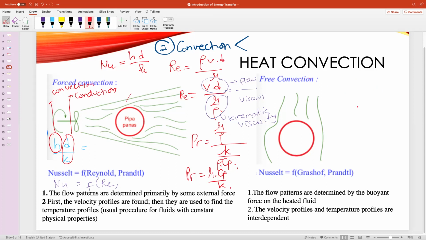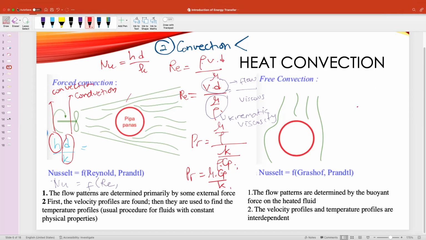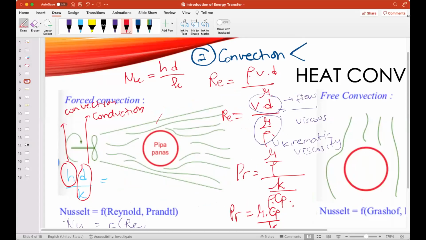But let's just make an example. For free convection, the Nusselt number would be a function of the Grashof and Prandtl numbers. The Grashof number is again dimensionless, and it is about the buoyancy force.